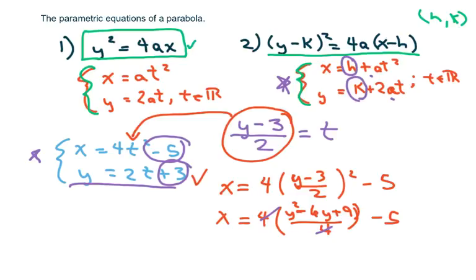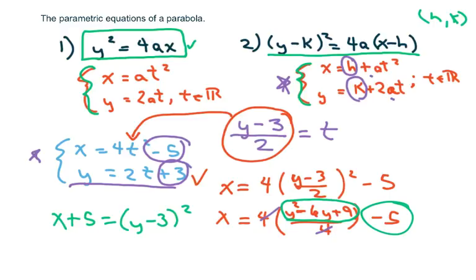And if I move the 5 over, let's do it in green, I'm going to move this 5 over, so you get x plus 5 equals, and I'm going to condense that. This will be y minus 3 squared. So we have it in this format here, and my vertex would be -5, 3.